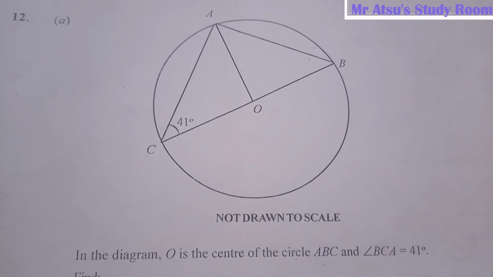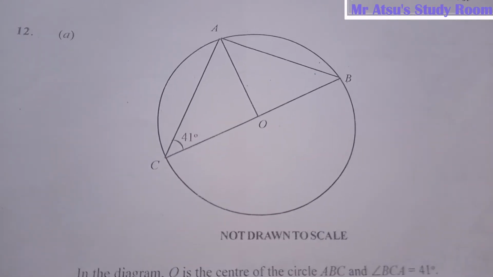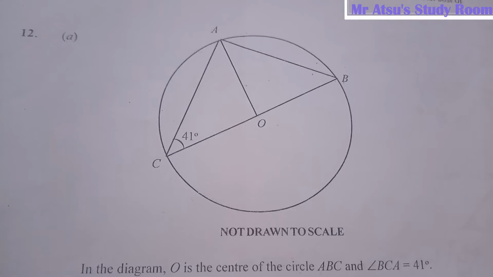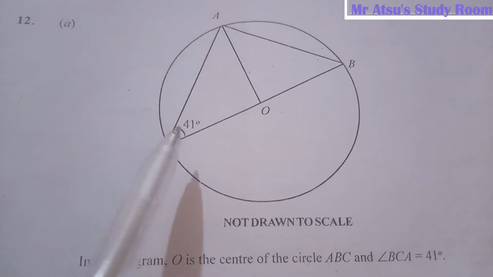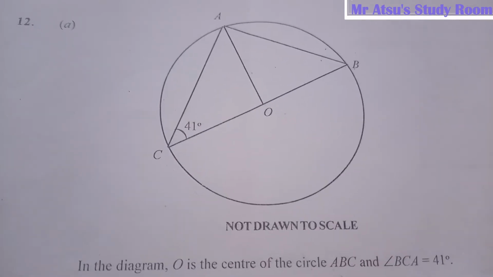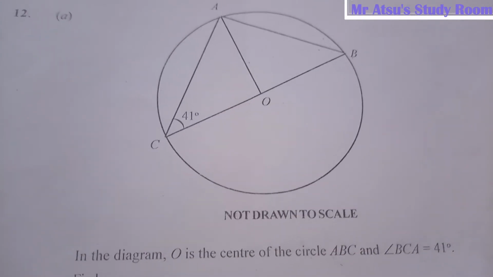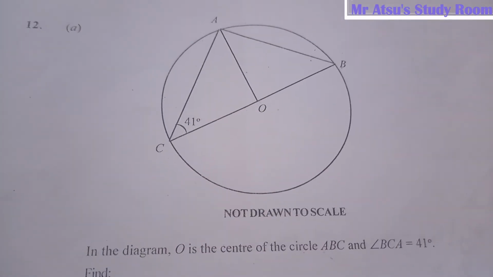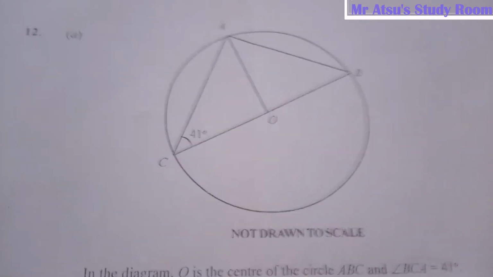So, taking the same triangle AOC, we know that angle OCA, which is this one, plus angle CAO plus angle AOC, this AOC, will give us 180 degrees.